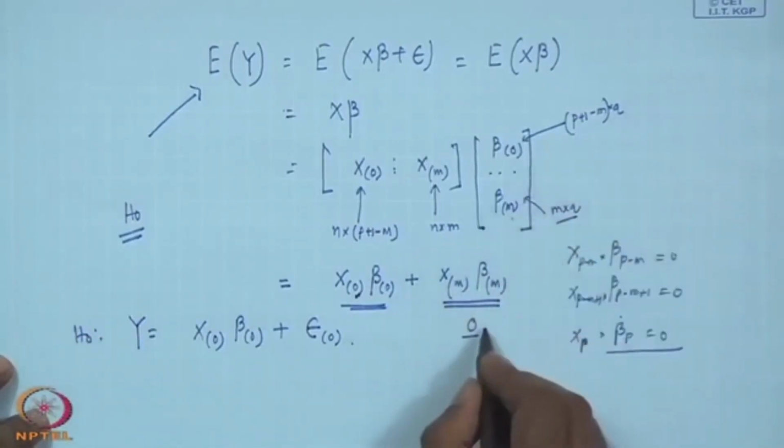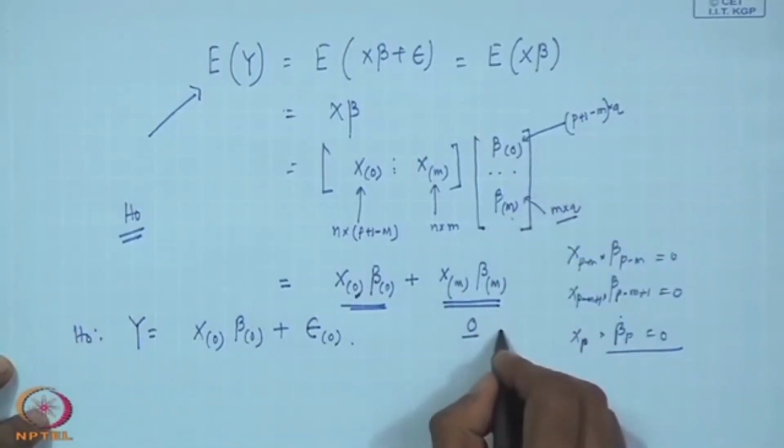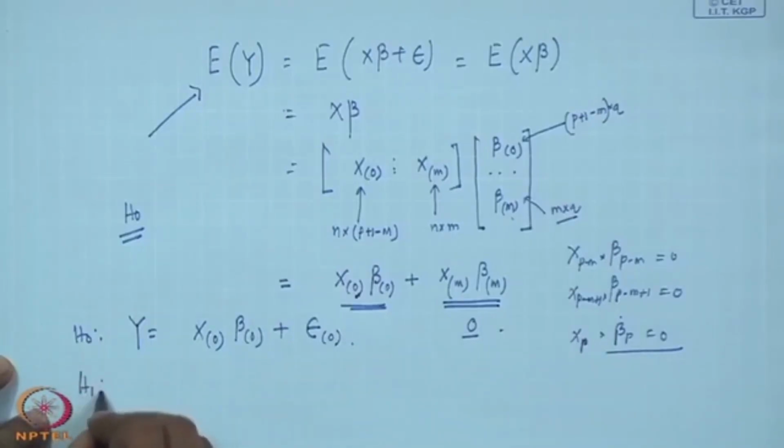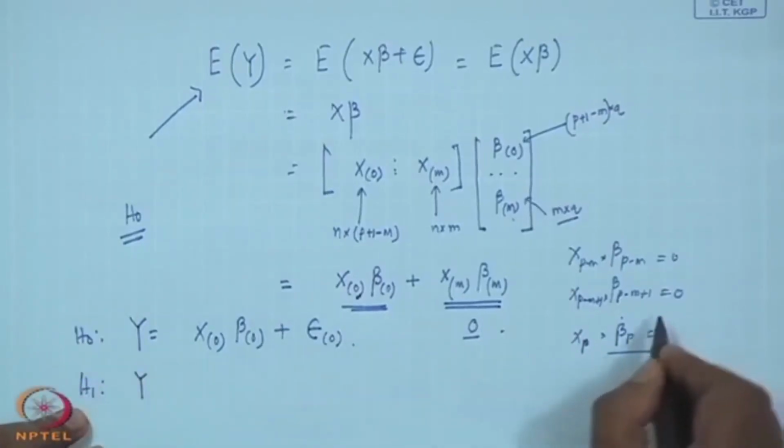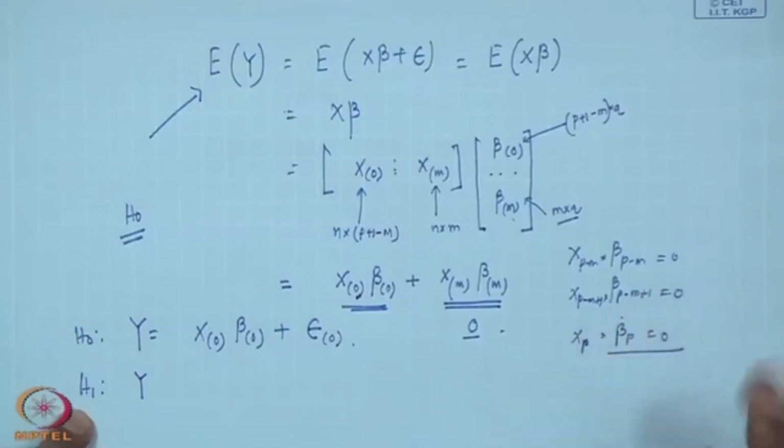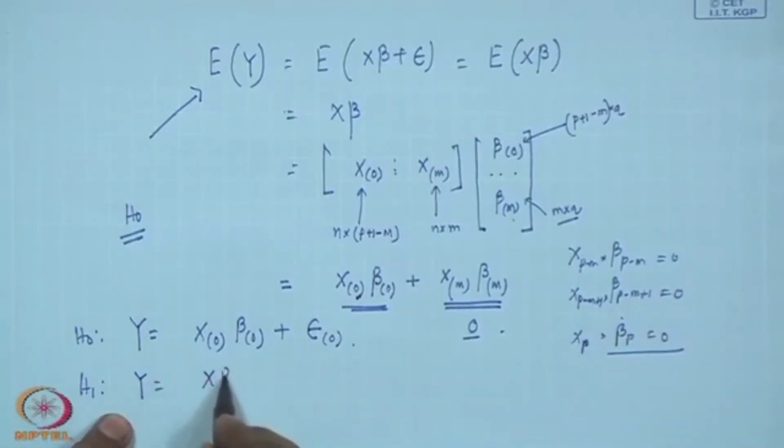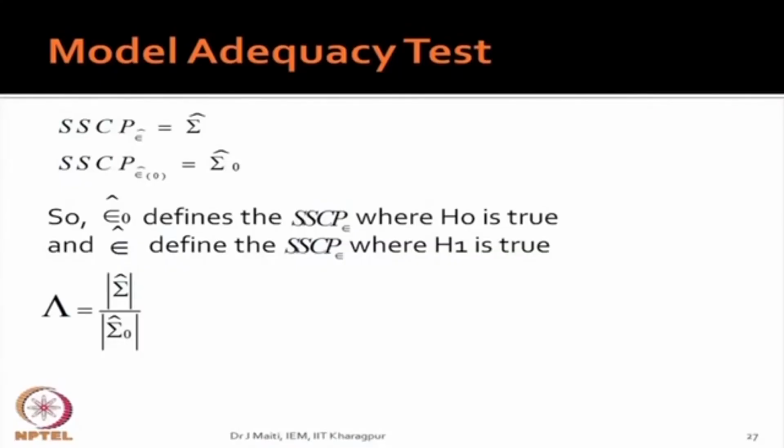If we say that beta m is contributing, then we will write the alternate: that beta m equal to 0, which you have considered, is false, which is basically y equals x beta plus epsilon, what you have taken earlier. Getting me?